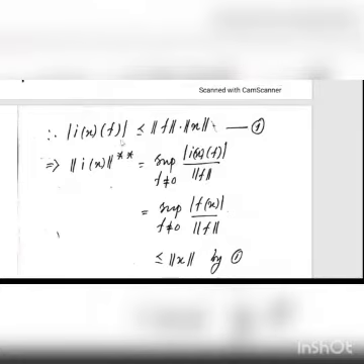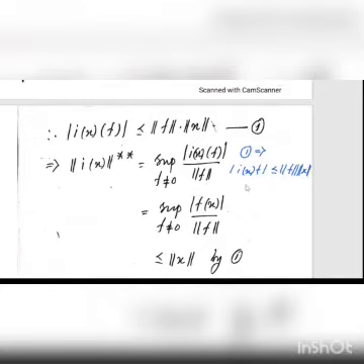But from equation 1 we have, I'm writing it as it is, the modulus of I_x of f is less than or equal to norm of f into norm of x.